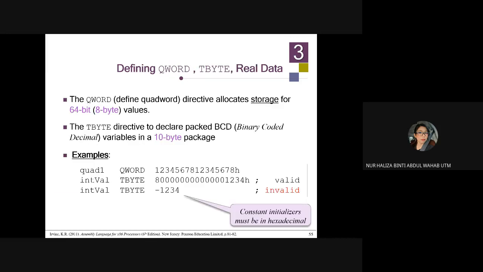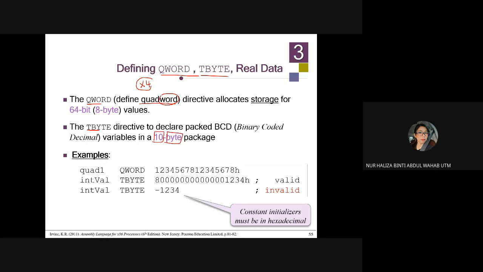Now you have the defining keywords TBYTE. You can see this is called words, which is times 4, 4 times from your words. And your TBYTE, it is a 10 byte packet.